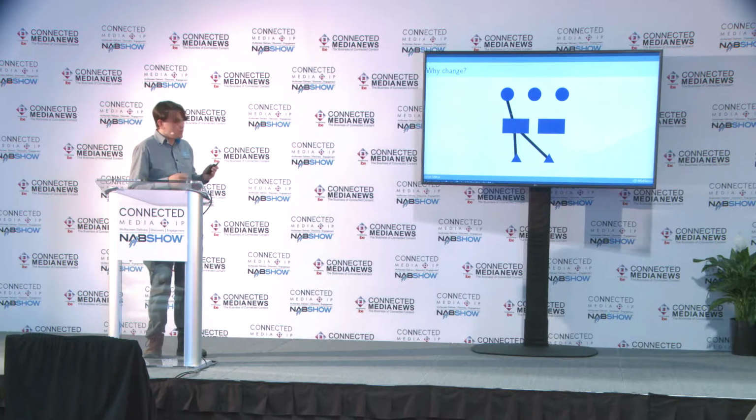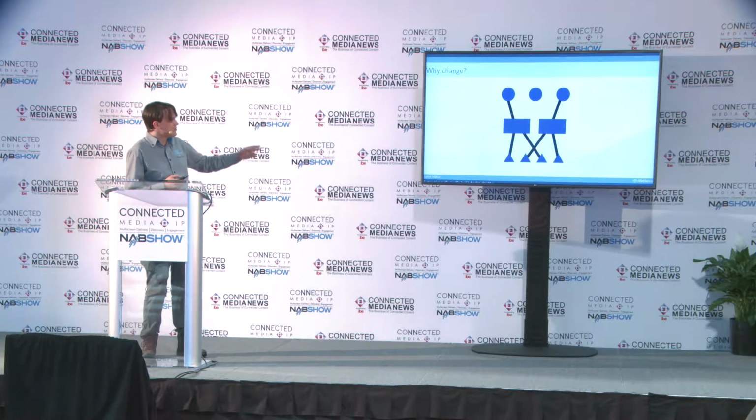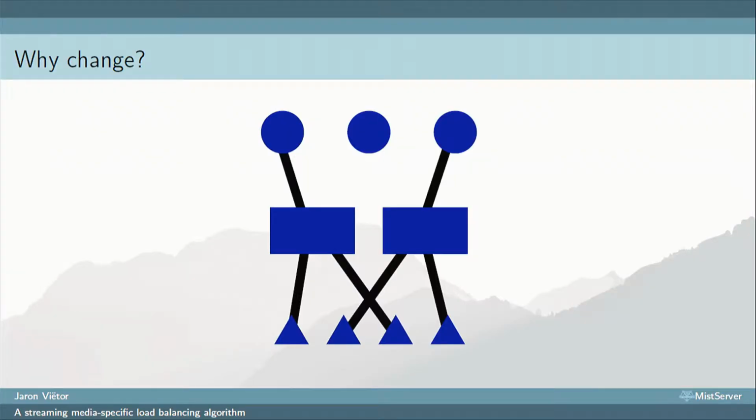Now, things get a little bit more complicated when you go to multiple viewers, more than just two. Let's say that you have 4, and 2 of them want to watch that first stream, and 2 of them want to watch that last stream. Now, if they're spread like this, that can work quite nicely, because you have 2 viewers on each server, and each server is connected to one stream. That's nice and efficient.